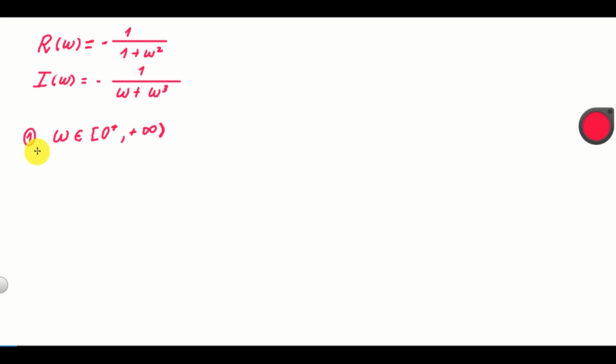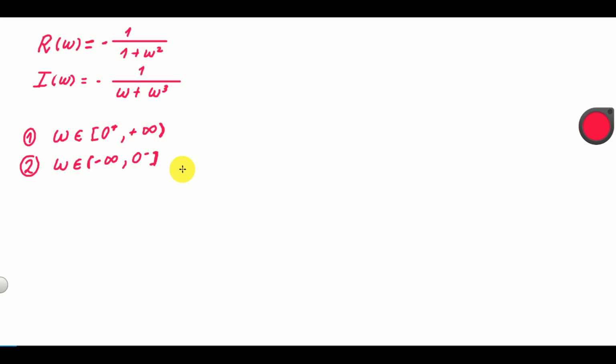Then, to obtain the graph for omega in the interval from minus infinity to 0 minus, we will simply mirror the graph obtained for omega from 0 plus to plus infinity with respect to the real axis.